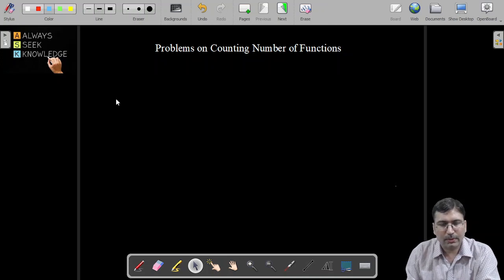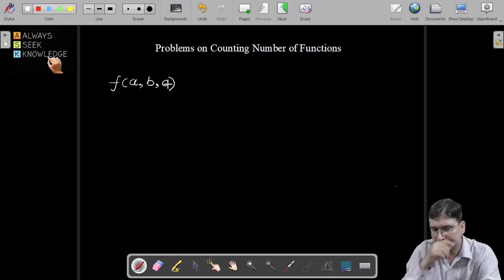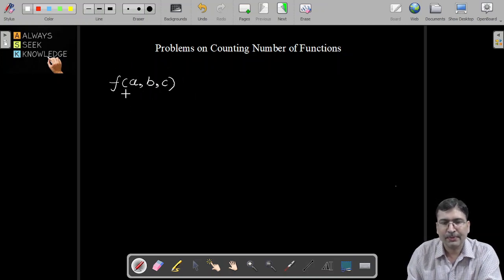In canonical forms, we talked about a Boolean function f which is defined over three Boolean variables a, b and c. Now over these three Boolean variables, how many Boolean functions can be defined?